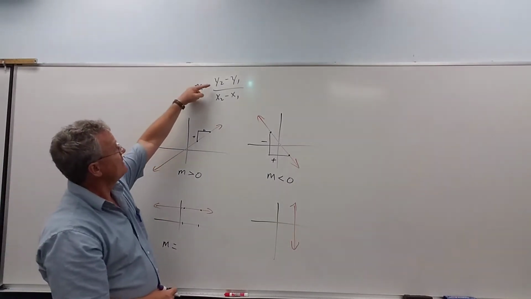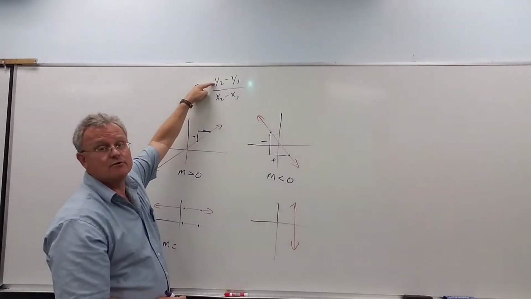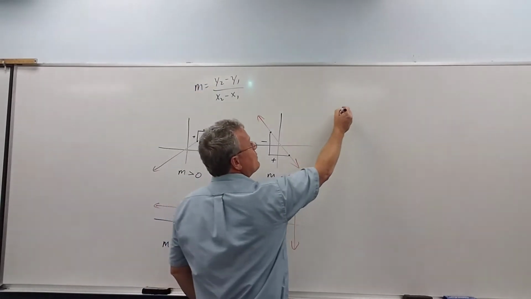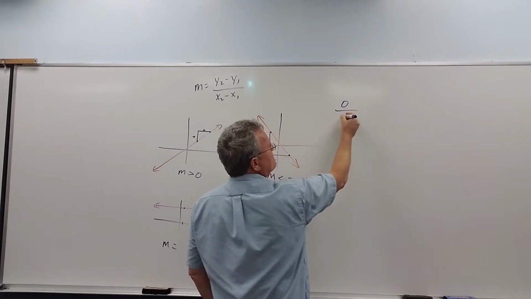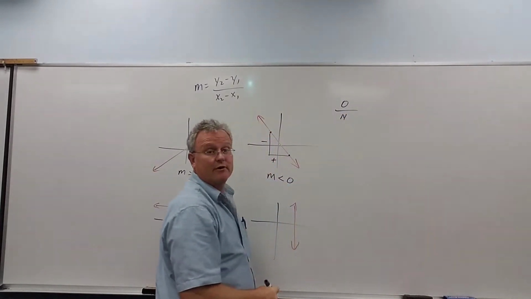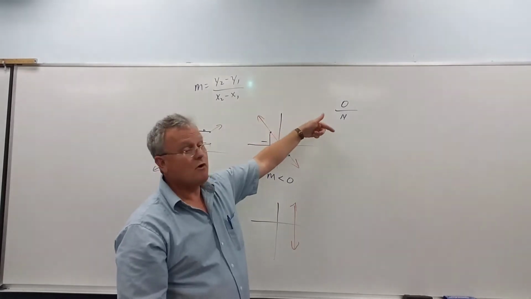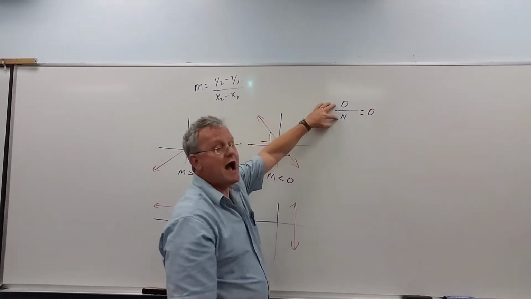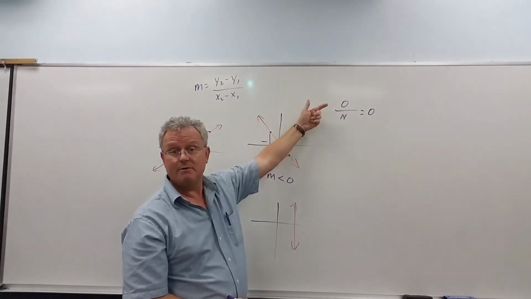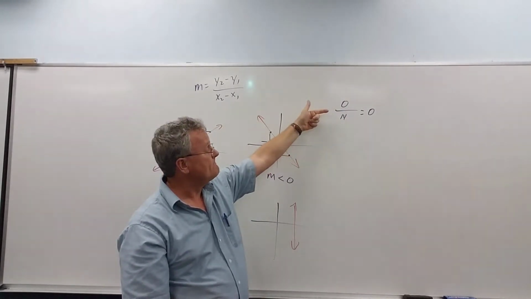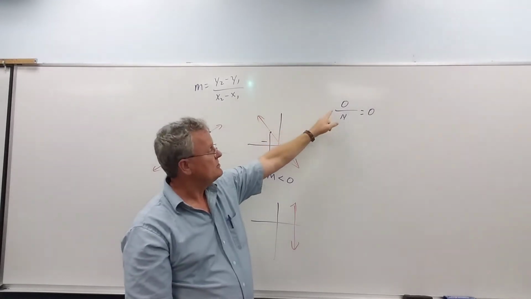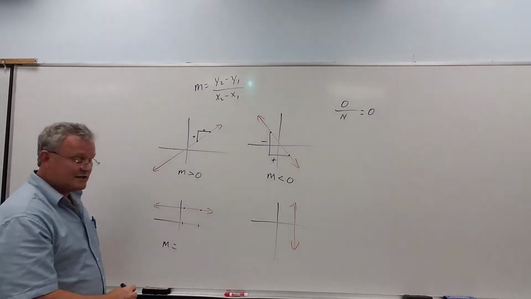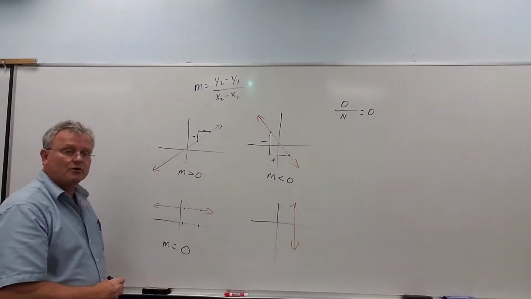In other words, the change in y is 0, the change in x is some number, but what is 0 over any number? Let me put n for number, any number. 0 over any number is 0. And to learn why that's true, if you go back to one of the beginning videos on division with 0, you'll see why that's true. So anyways, when we have a horizontal line, the slope is always 0.